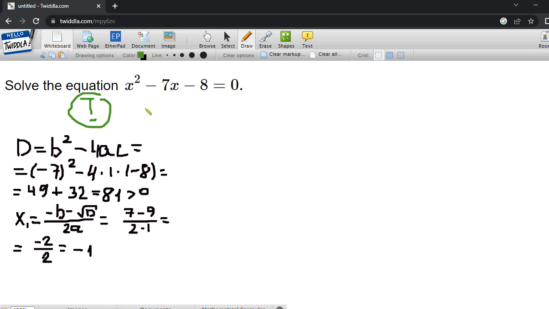So negative 1 is the first root of our equation.